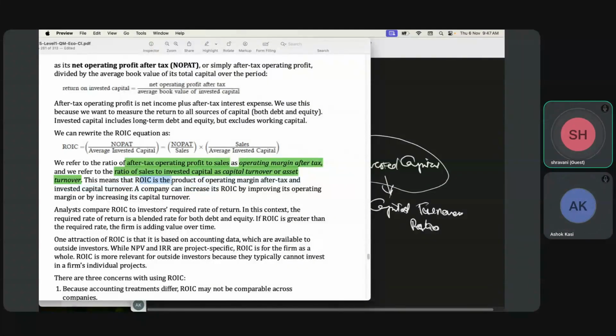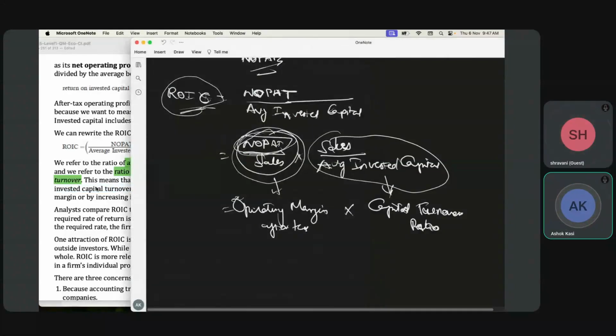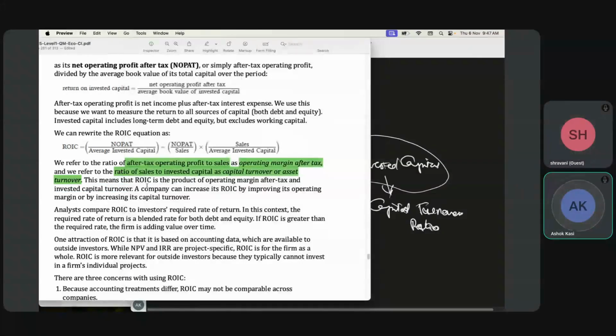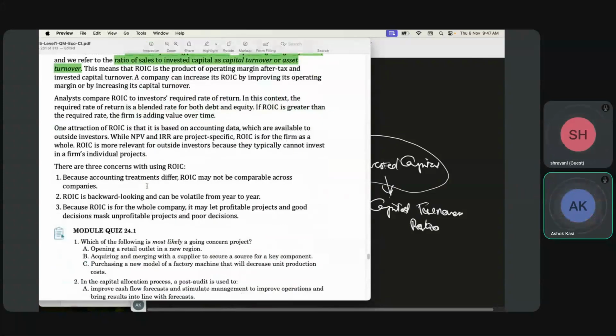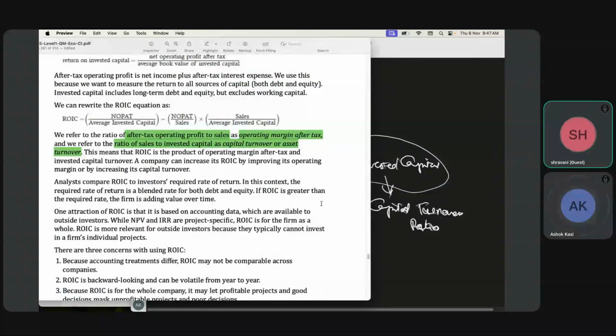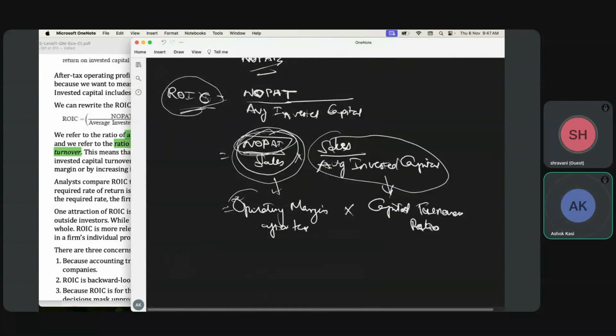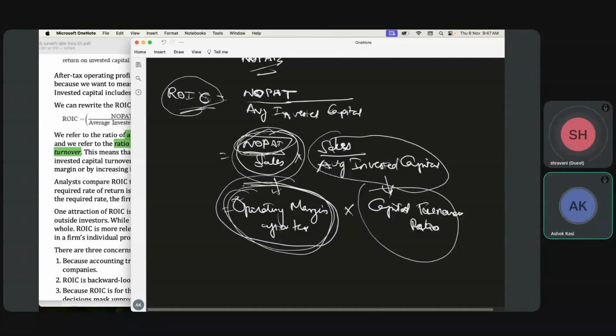So ROIC is the product of operating margin after tax and invested capital turnover. Clear till here? So this will tell you whether your returns are going up because you increased the price or you increased the sales. First one is you are increasing the price, so your profits have gone up. Second one is you are increasing the sales, so your profits are going up.